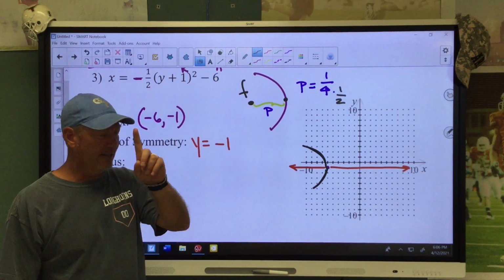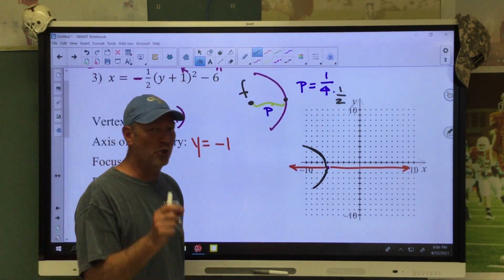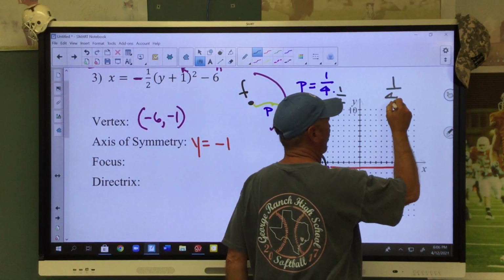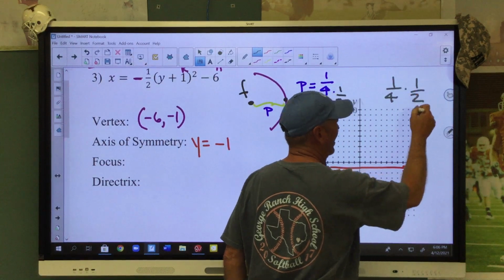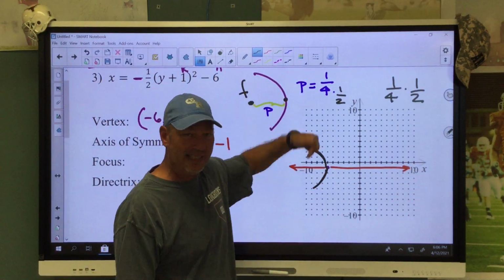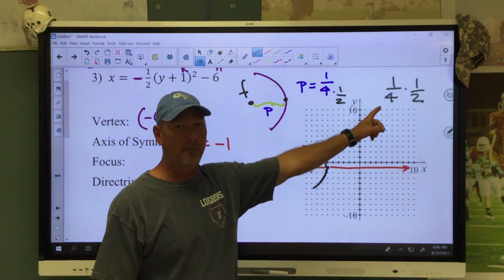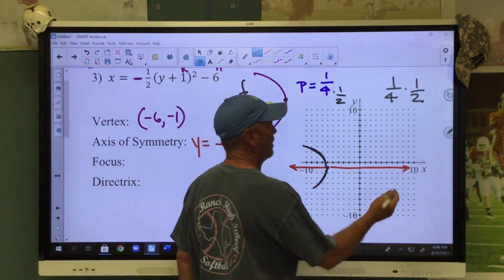Okay? That does not mean, this is what you are not supposed to do. Do not go 1 over 4 times 1/2. That A value is down level. It's down in the denominator. It's even with the 4. Don't put it up here higher. Okay?